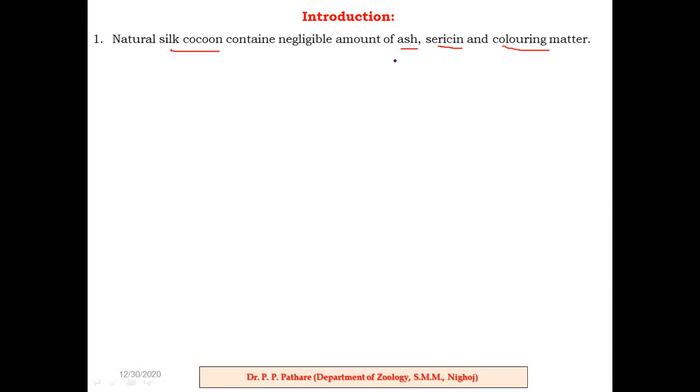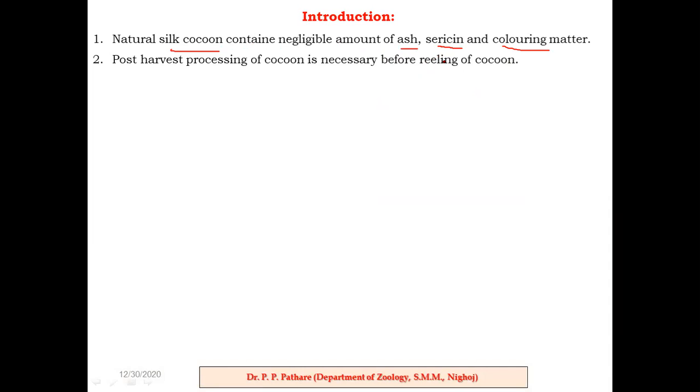So it is necessary to study post harvesting processes. I hope you understand the actual importance of this point. Post harvesting process of cocoon is necessary before the reeling of cocoon, because, as I already gave the information, the cocoon contains a small or negligible amount of ash, serines, coloring matter, and unwanted dead decaying organic matters.